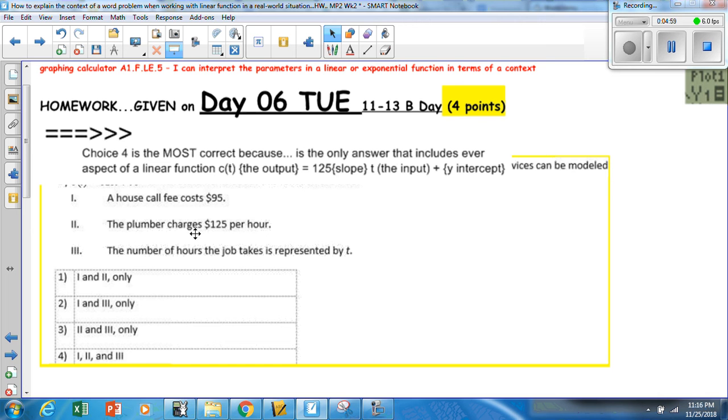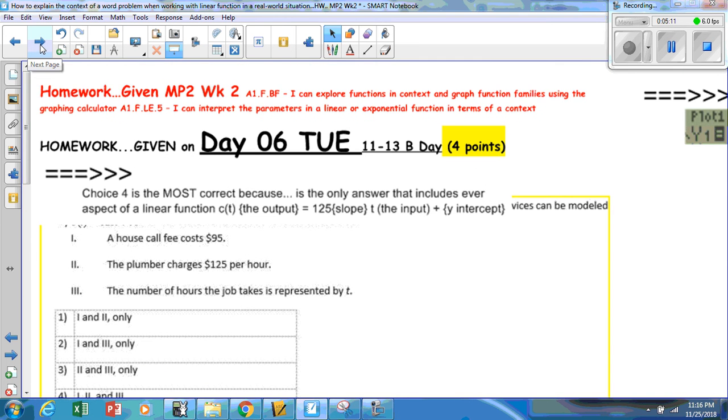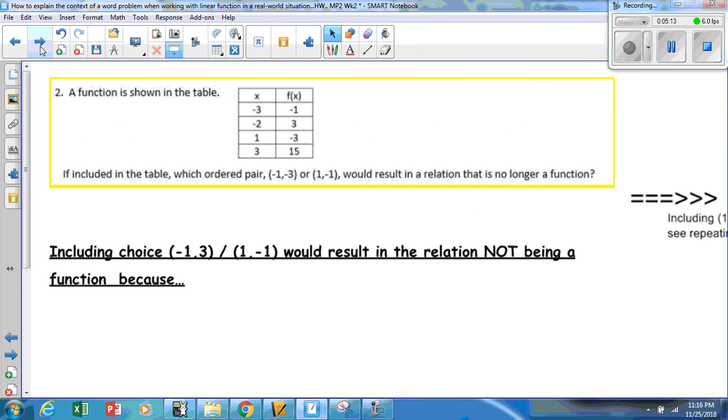Time check. Okay, fine. We're good. A function is shown in the table. If included in the table, which ordered pairs would result in it no longer being a function? Now we've seen this kind of question before, and so ultimately we've got to have something where our x values are not repeated.